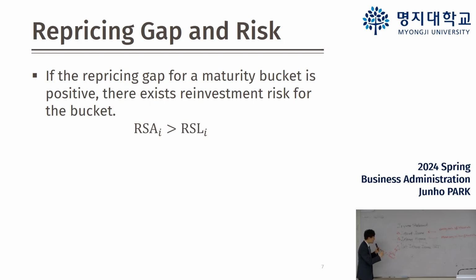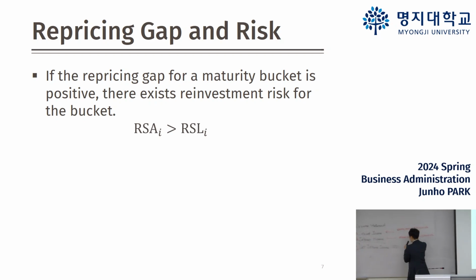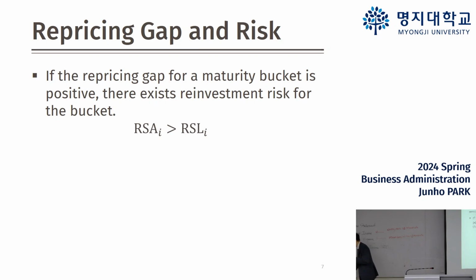So instead of caring about the total earning assets, we focus on the specific rate sensitive assets, and instead of the overall interest bearing liabilities, we want to think about the rate sensitive liabilities in the bucket. Because the interest rates are different for each maturity, we want to focus on that maturity.